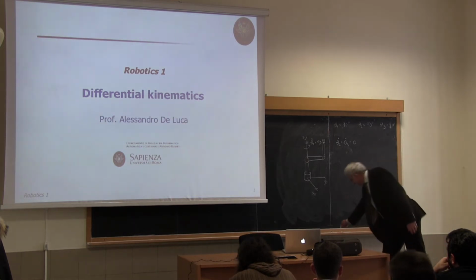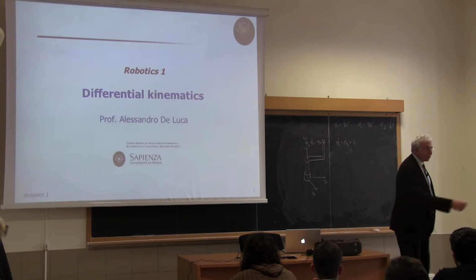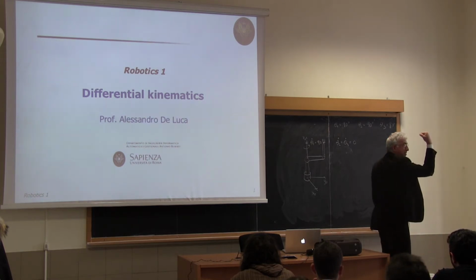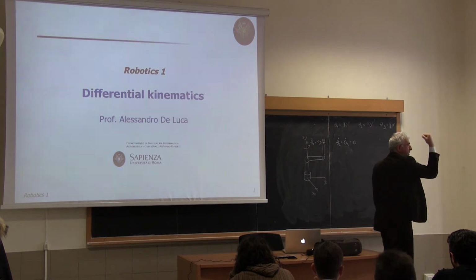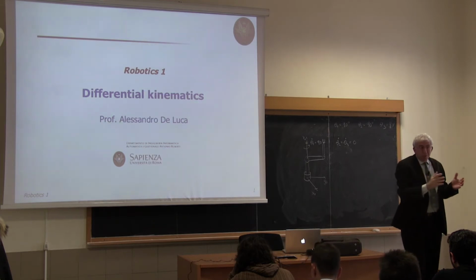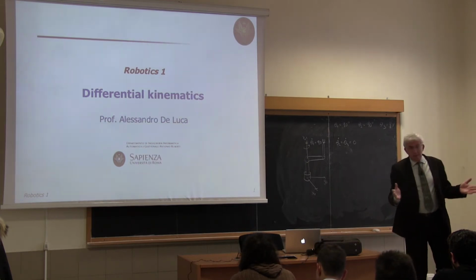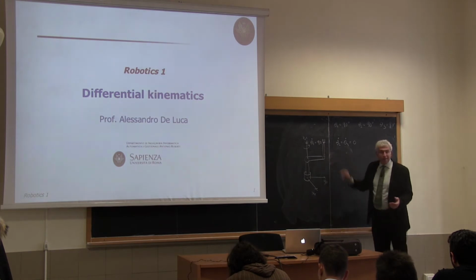Okay. So let's do the Luca robot. I'm giving the same velocity. Here, the linear velocity would be halved if these are equal length.